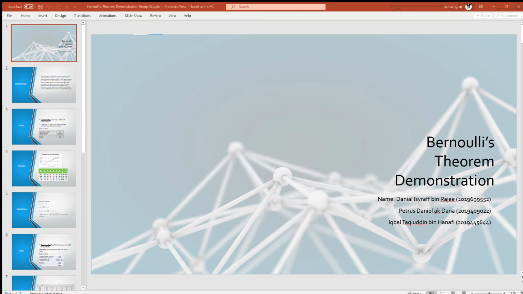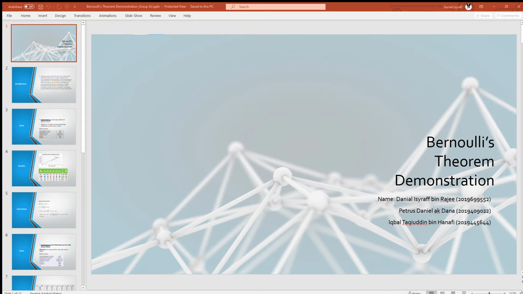Error is between QI and QAV. Are you sure it's QI or calculated? Okay, it should be calculated and QAV, right? So QI and calculated.